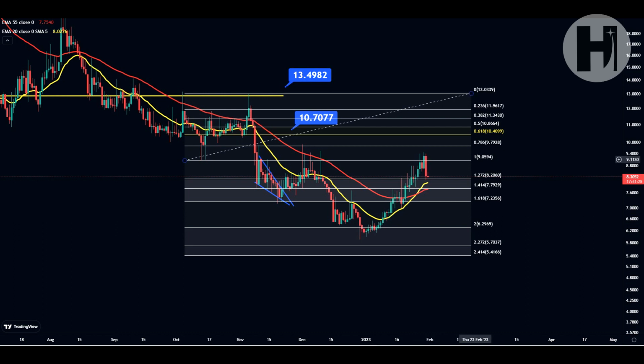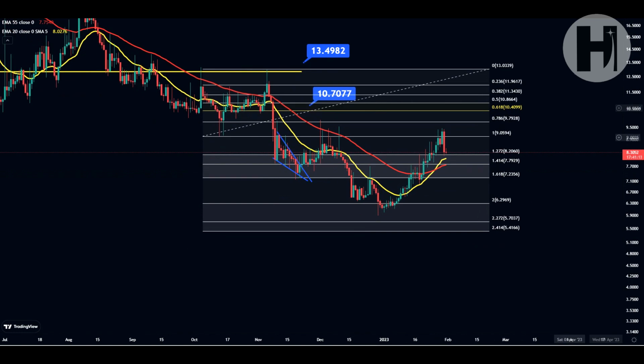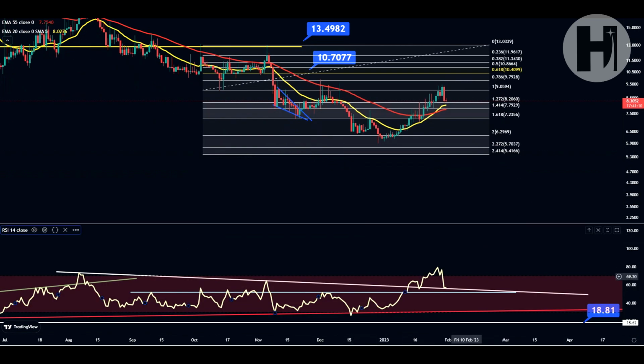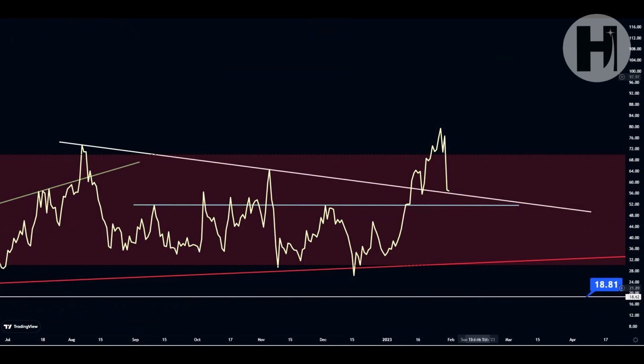So right around this first fib level here, and we're pretty overextended, and I'm looking to get back into Moonriver with his money, obviously, somewhere around $8.11, I think my order is at. So I think we're going to get filled pretty soon. And yeah, I saw that Moonriver was very overbought on the daily RSI, and that was my signal.